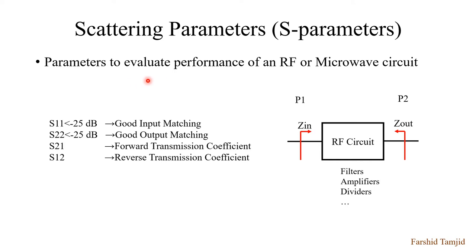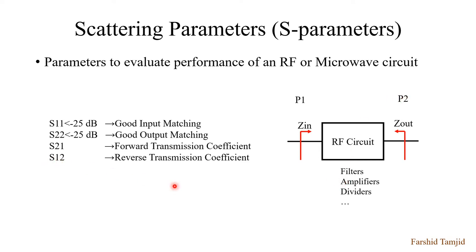Here, we have some new parameters that you probably didn't see before, called S parameters, and we evaluate our circuits with them. Consider a circuit or system with two ports: port P1 is the input and the other port, P2, is the output.